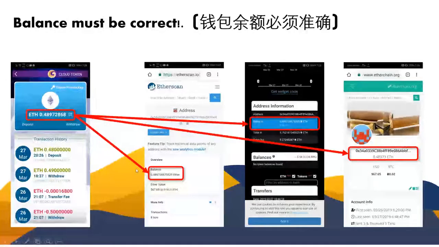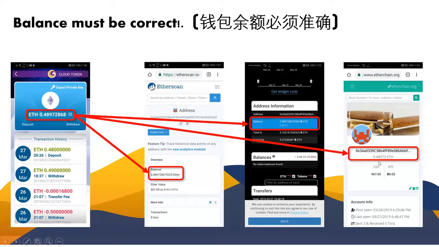Now we have a CloudToken wallet here. It shows the balance, and you check with Etherscan. It's supposed to be the same. You look at ETH Explorer and Etherchain, and they all show you the same number, except for Etherchain, which rounded up.